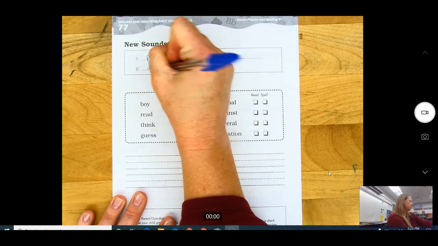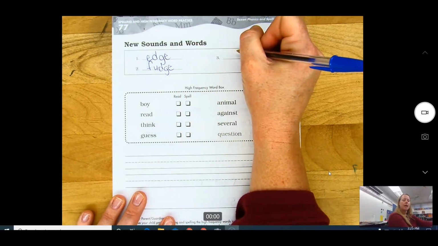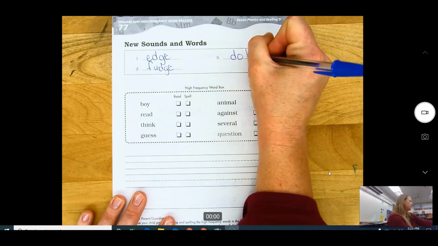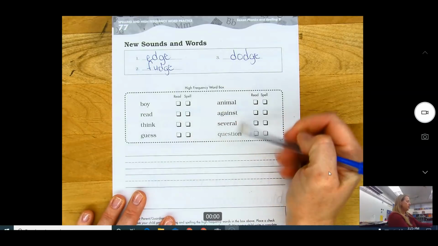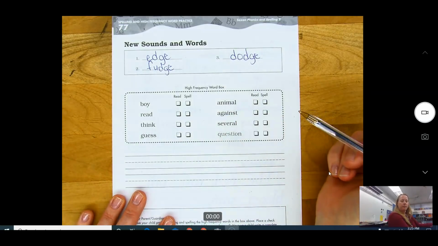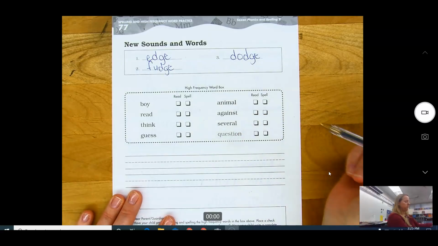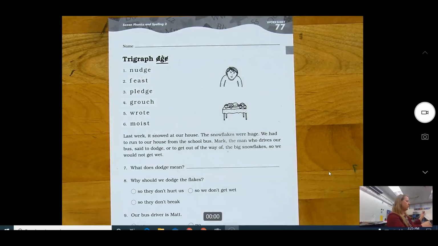F, U, D, G, E. And number 3, dodge. D, O, D, G, E. Make sure you practice these words in the high frequency word box and write a sentence using 1 or 2 of these words. Okay? Let's go on to our worksheet and code these words.